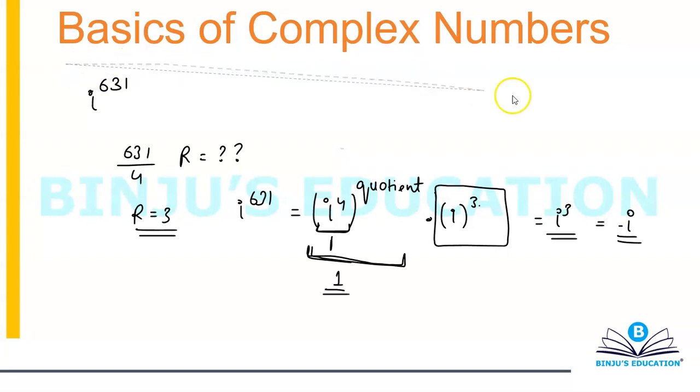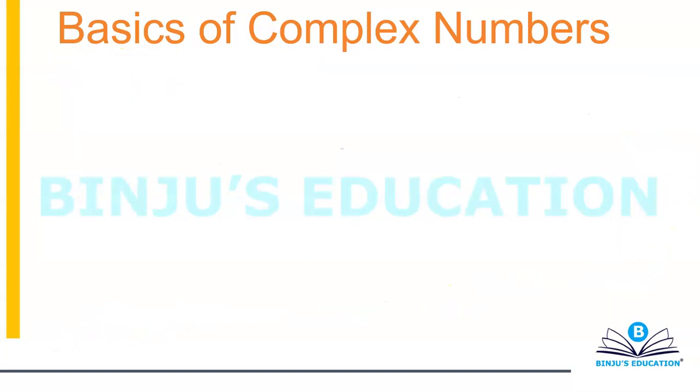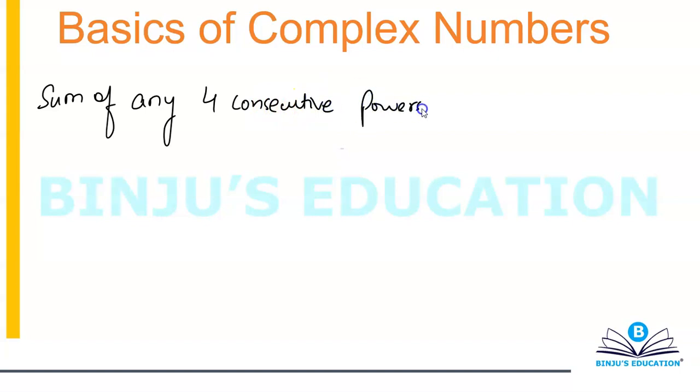Second thing that you need to learn from the concept of cyclicity is that the sum of any four consecutive powers of iota is always equal to 0.